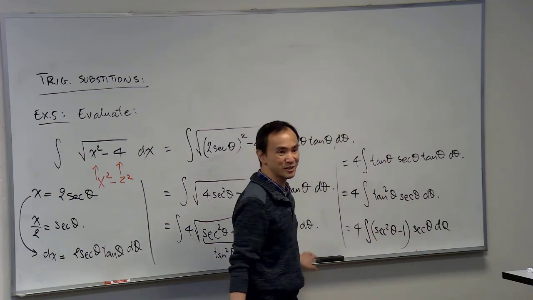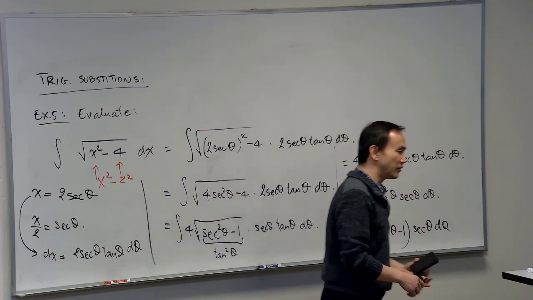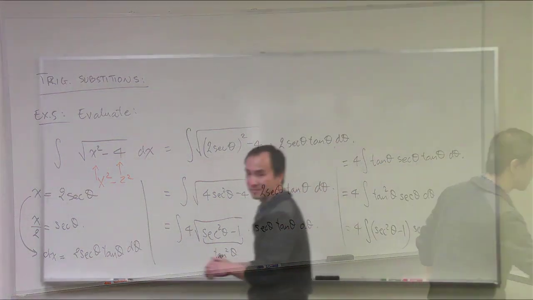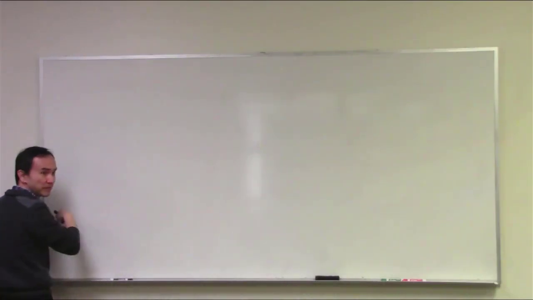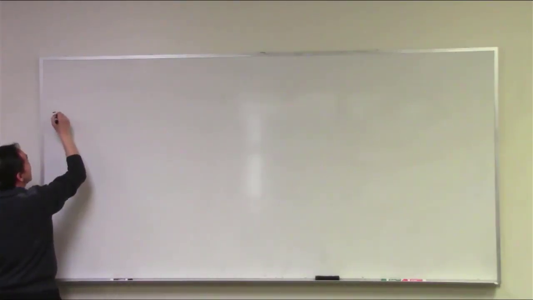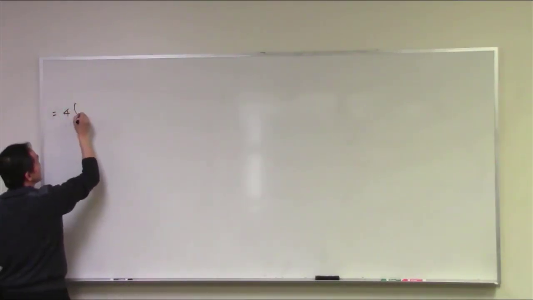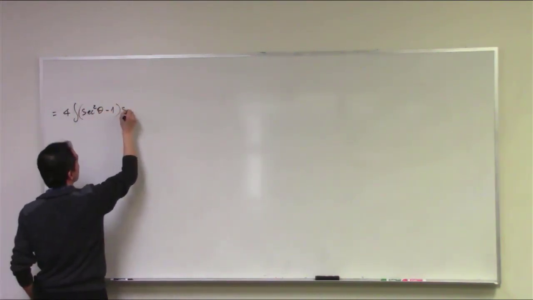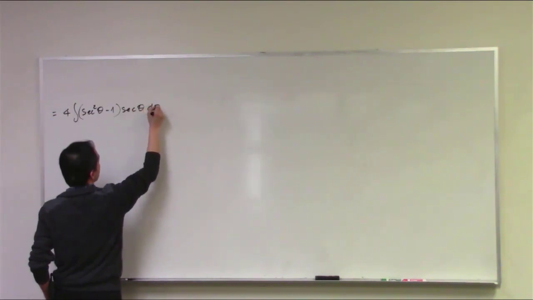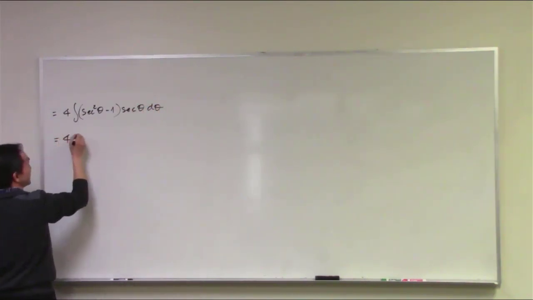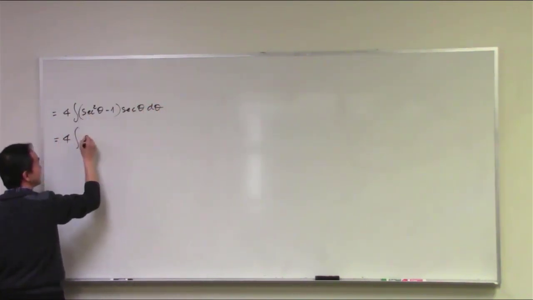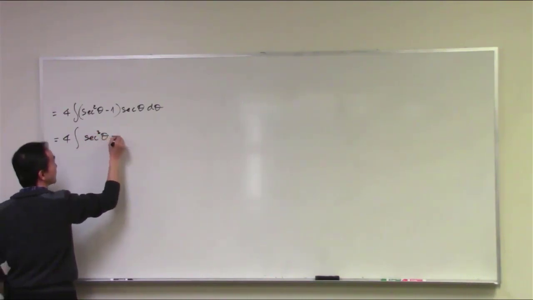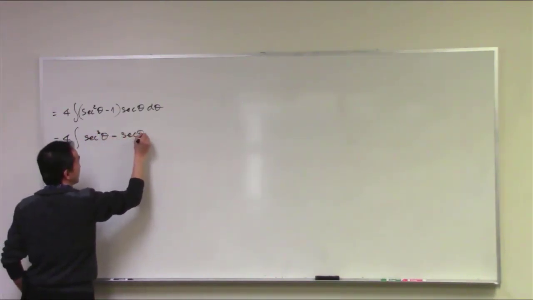Okay, so now I'm going to move over to the other board. Currently at this step, we're at 4 times the secant square theta minus 1, and that's a secant of theta. In my next step, I can multiply in that secant. I'm looking at secant cube theta minus secant theta.